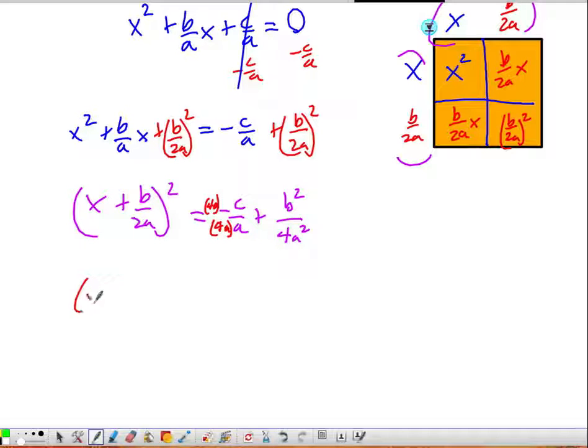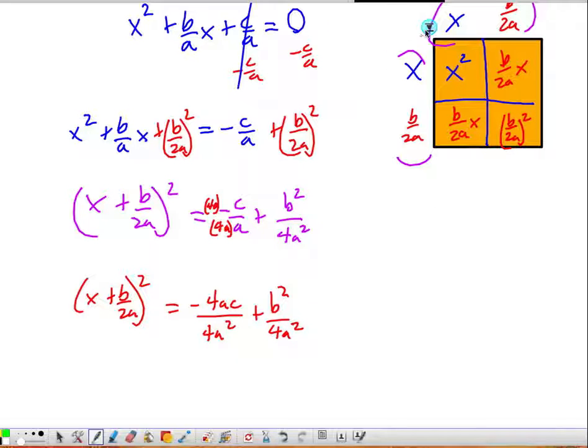Now when I do that, just writing everything else here, 4a times negative c, well that's negative 4ac. And notice the denominator now becomes 4a squared. And then I'm just writing everything else. Now, as you can see, I have the same denominator.